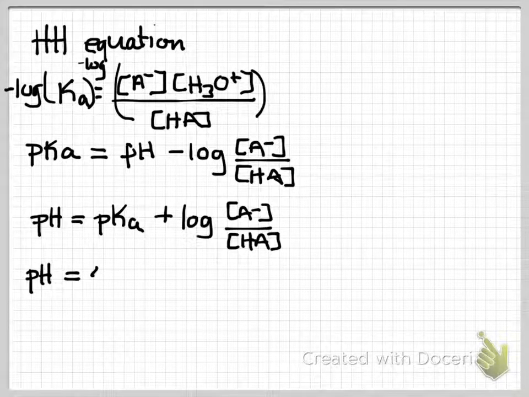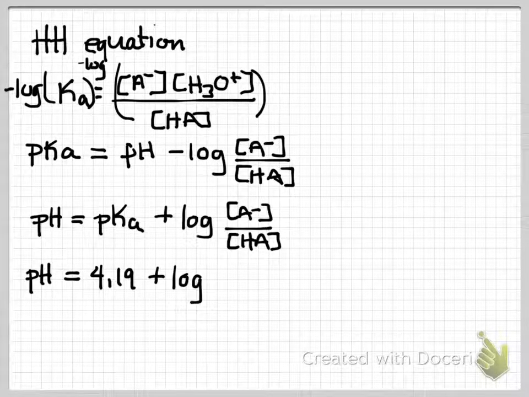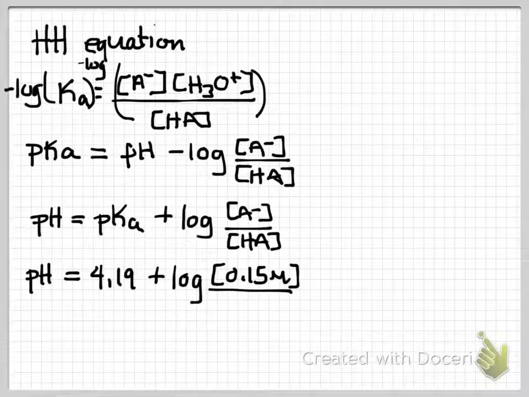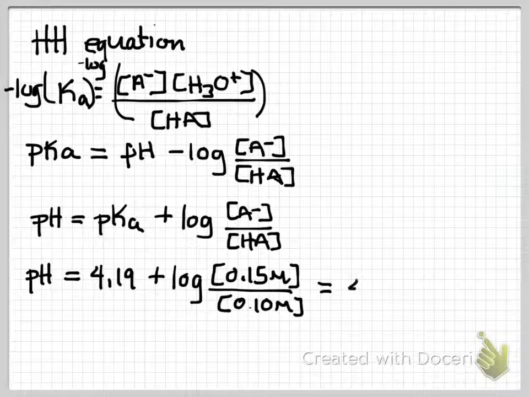It's our pKa, which was 4.19, plus the log of our benzoate ion, which was 0.15 molar, all over the benzoic acid, 0.10 molar. And that also gives us 4.37.